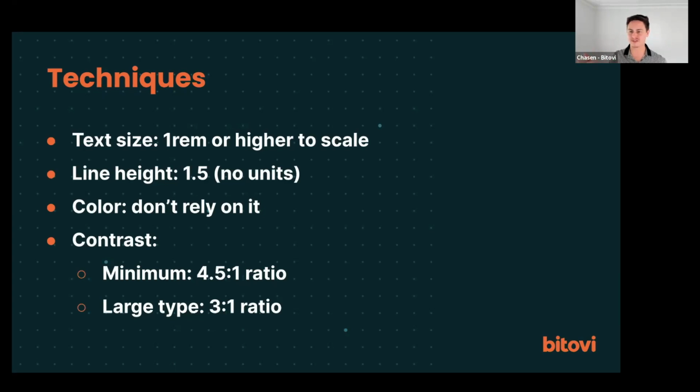I was talking to someone yesterday, and they mentioned that the highest ratio, of pure white and black, is a 22-to-1 ratio. So these minimums are pretty low in the grand scale of black on white or white on black being a full 22-to-1. So lots of room for you to have higher contrast in your designs.